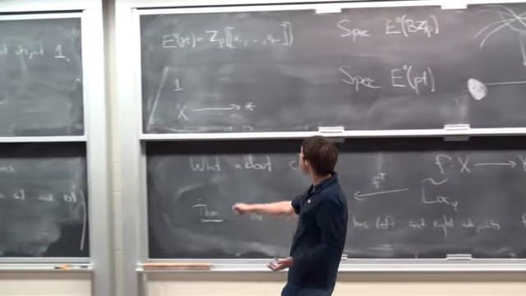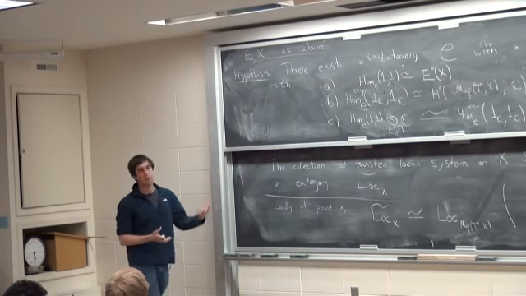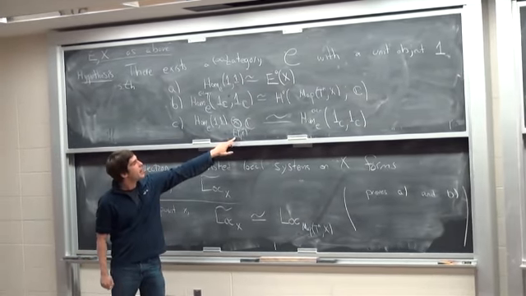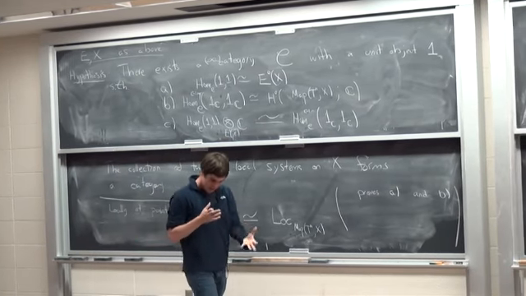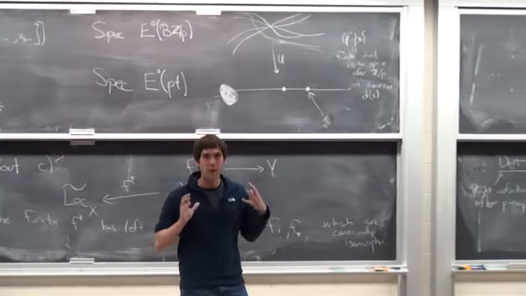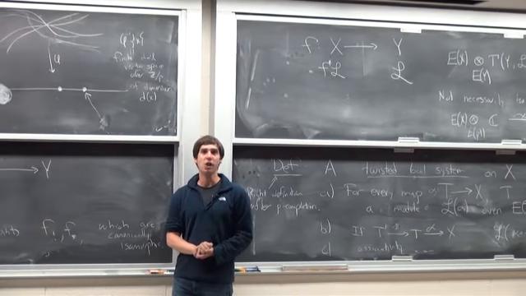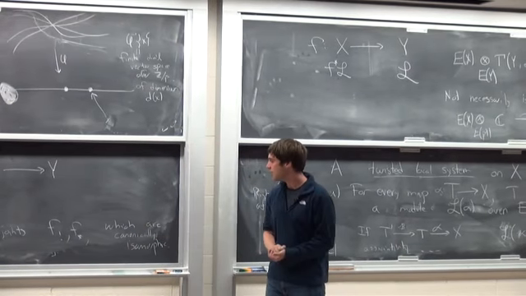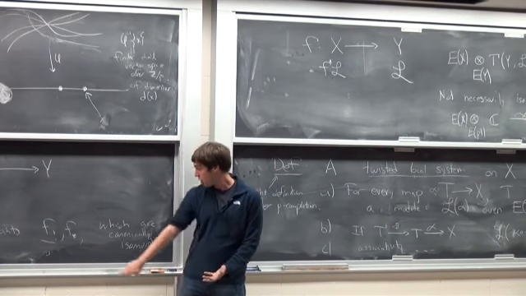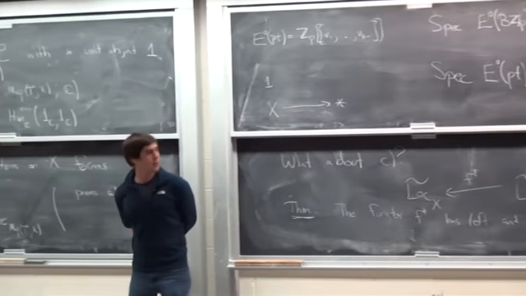And the reason is, tensoring with the complex numbers is a special case of a colimit. You could write the complex numbers as a colimit of finitely generated E modules. And in the finitely generated case, there's no problem. The whole problem is whether, when you take the colimit, that commutes with taking cohomology. Usually, you don't expect that to be true, but taking colimits does commute with taking homology. And if homology and cohomology are the same, then there's going to be no problem.